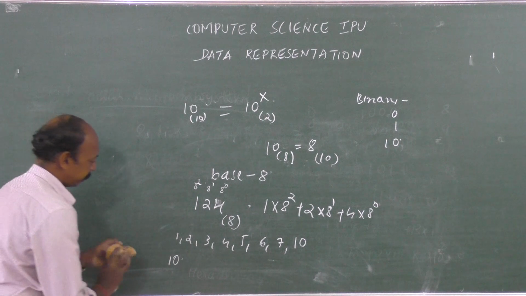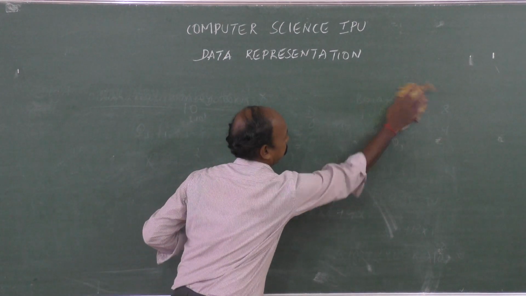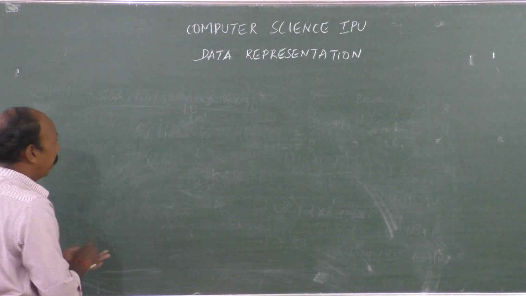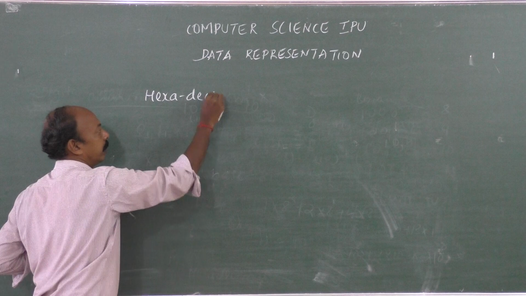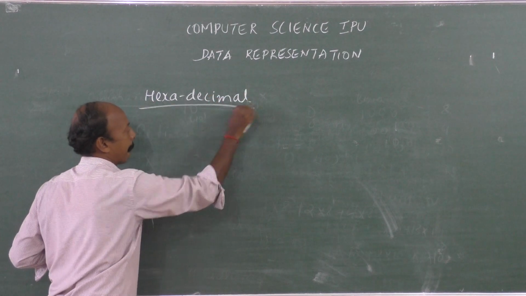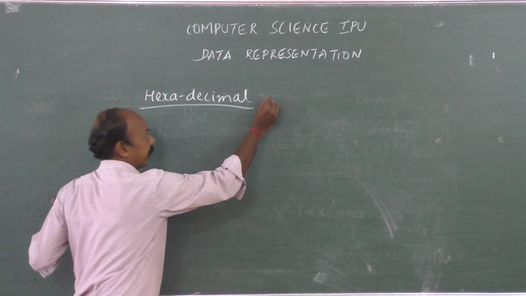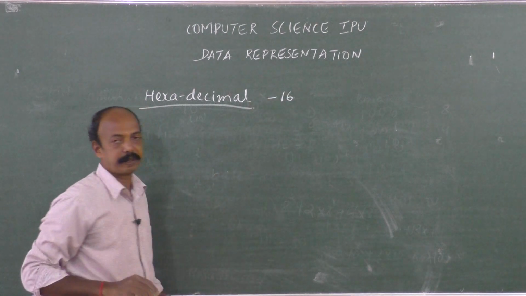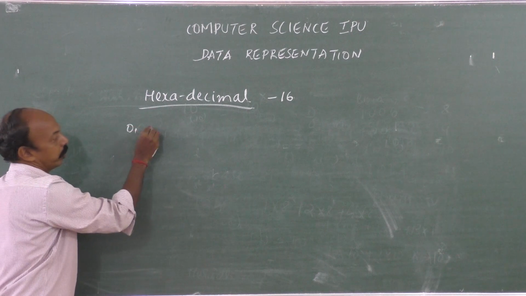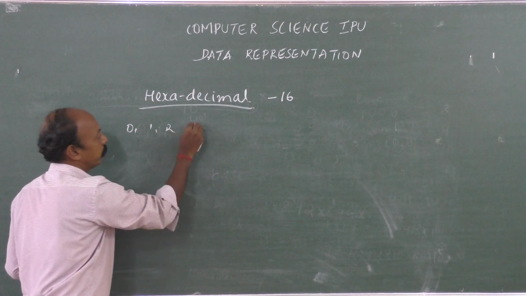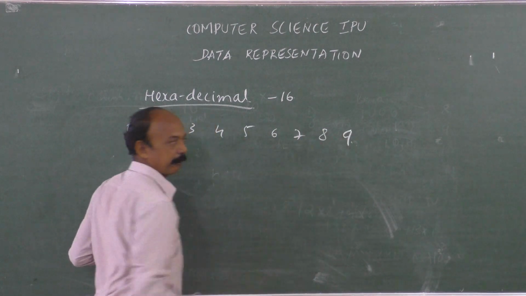Moving to the next number system, the hexadecimal number system. How is it different? Hexa in the sense, how many symbols? 16 symbols. In the decimal number system we have 10 symbols, 0, 1, 2, 3, 4, 5, 6, 7, 8, 9.